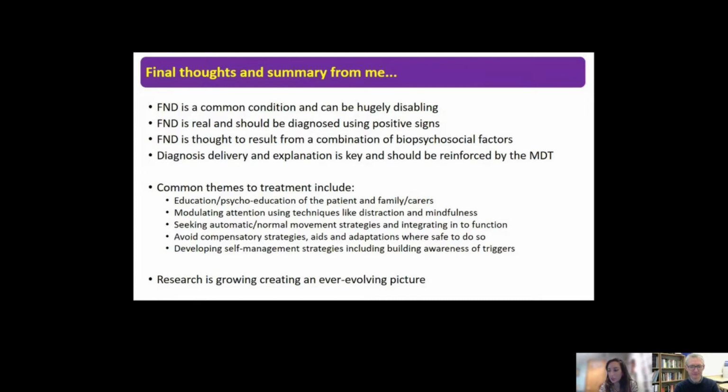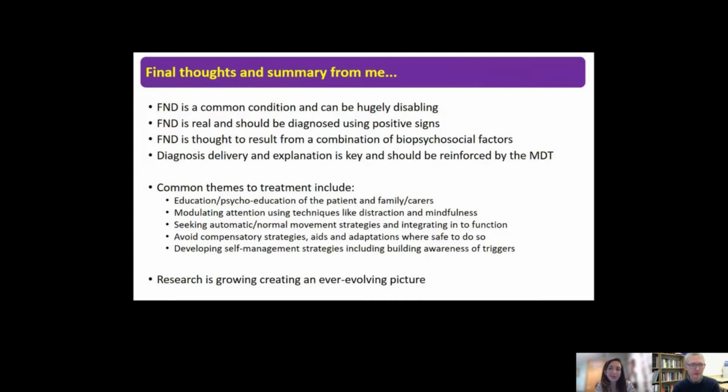And I know, personally speaking, from a physio perspective, Glenn Nielsen's paper gives ideas about language you can use, specific techniques you can try to look at movement strategies, different presentations, and what to do in different situations. There's so much useful information out there. I'd really encourage you to go and have a look at those papers.